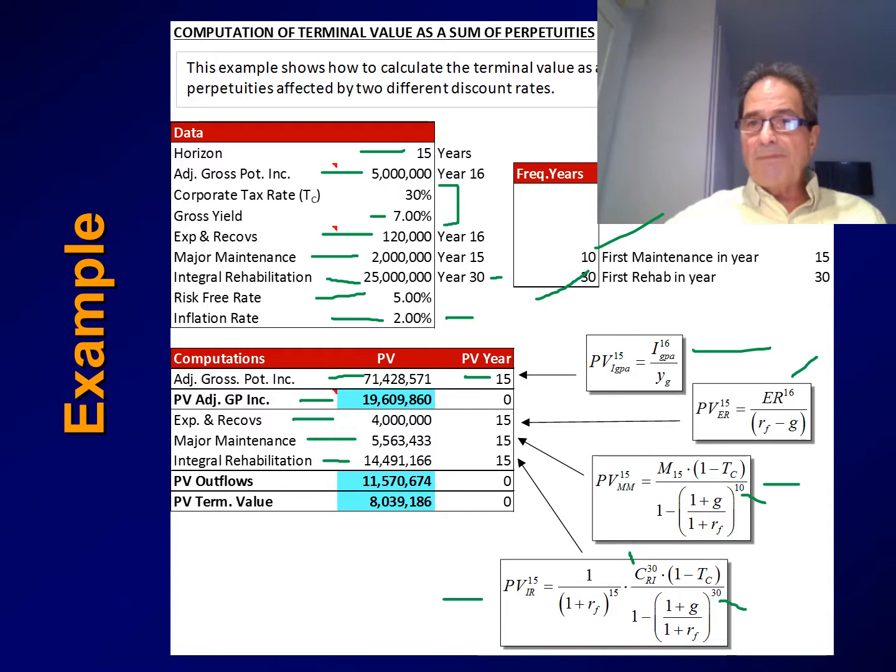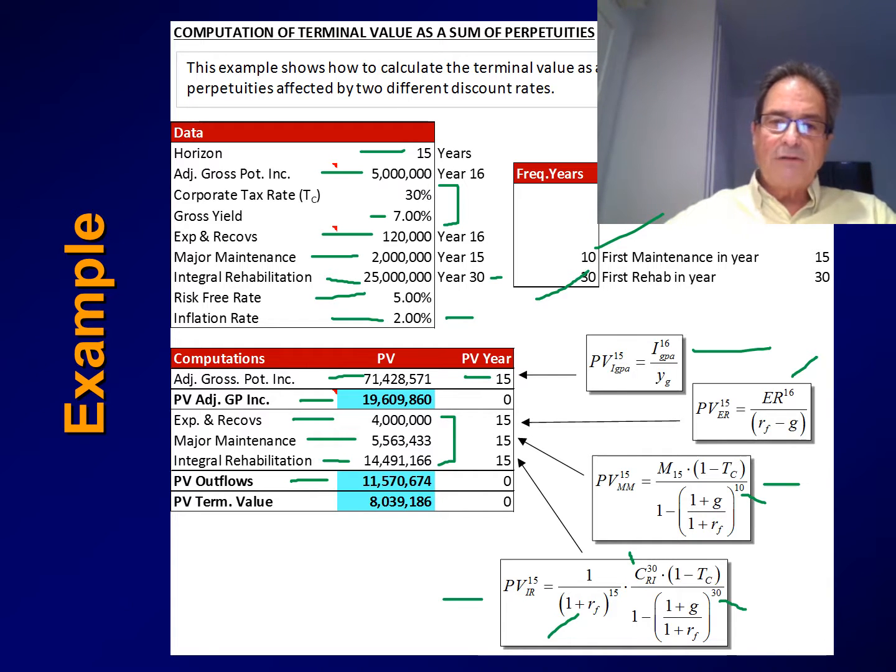Given that the first rehab takes place 15 years after the horizon, then we have to discount that by the risk-free rate over 15 years to obtain the value of integral rehabilitation in year 15. In this case, the number is 14,491,166.